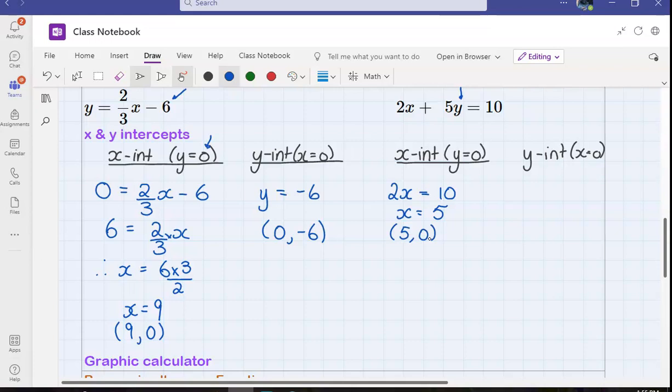Well, now you do it. Stay ahead of me, find your y-intercept. So x equals 0, so 2 times 0, nothing there. So now you're left with 5y equals 10. Therefore, y is 2.